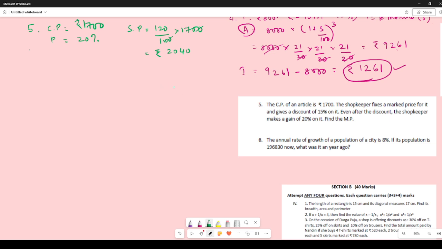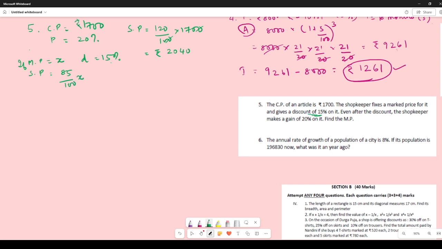Now this rupees 2040 is the discounted price. Remember, it is given after the discount of 15%. So let us say if marked price is X, if MP is equal to X, and discount is equal to 15%, then selling price becomes 85 by 100x.